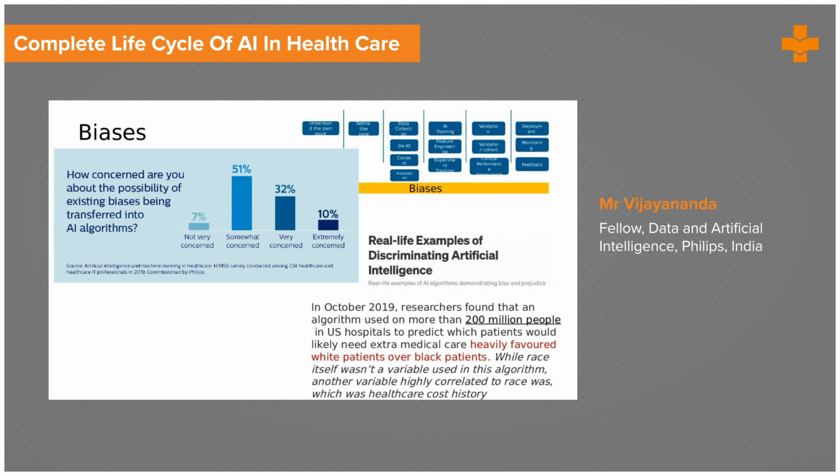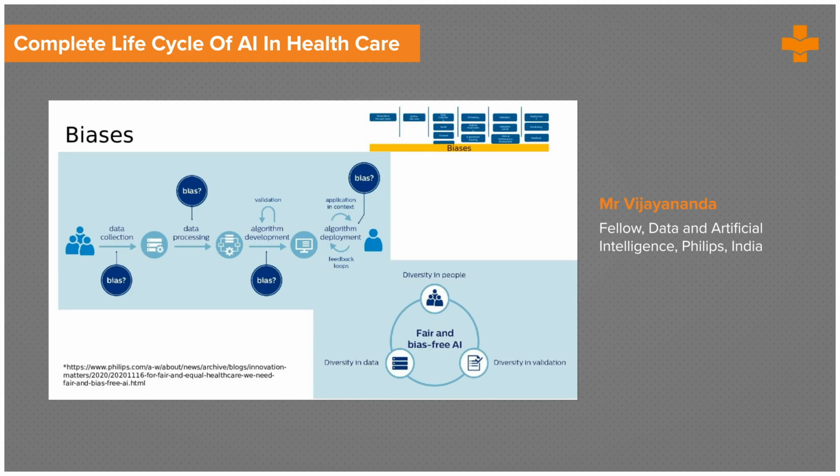The important thing here is that race itself wasn't a variable in this algorithm, but another feature, the healthcare cost or expenditure, was directly correlated with it, and because of which the algorithm favored white patients over black patients. And this graph shows that people are really concerned about the bias of the algorithm.